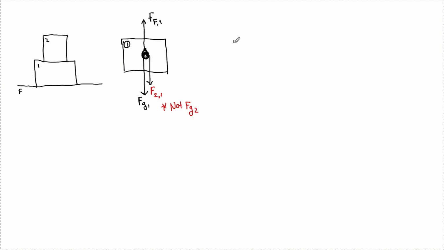If we look at the second box, this box has a mass, so it better have a weight. This is equal to Fg2, okay? The other force that this box feels is an upward force from box 1 onto box 2. These are the only forces that act.